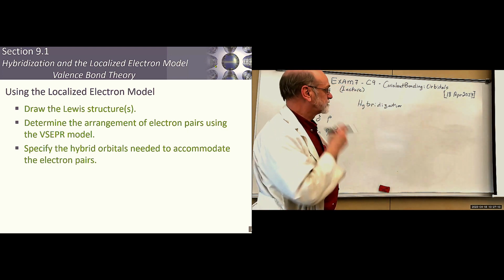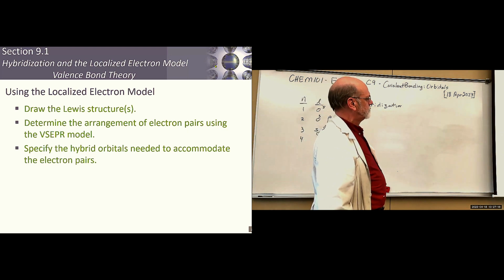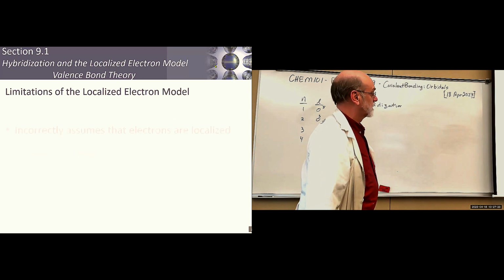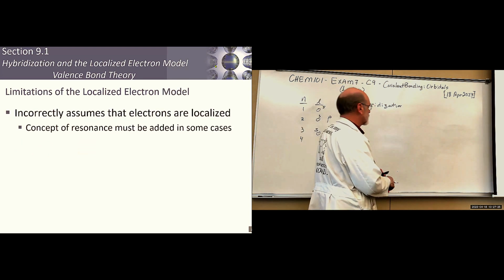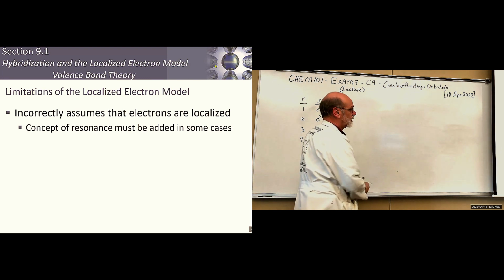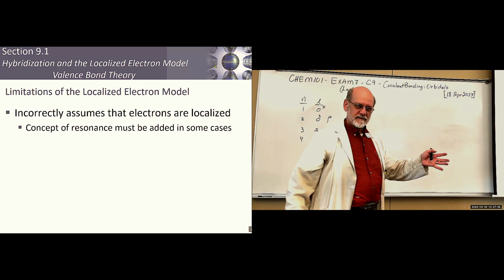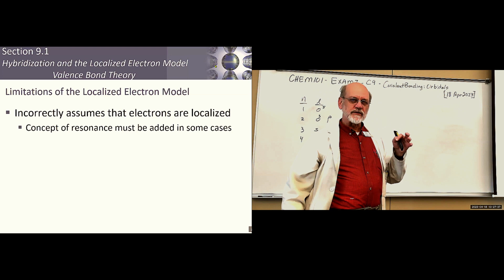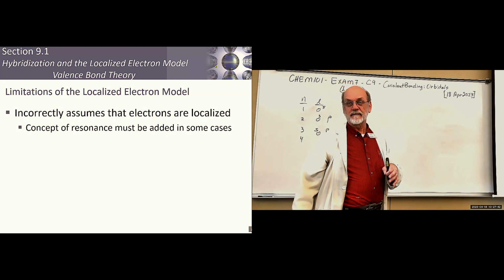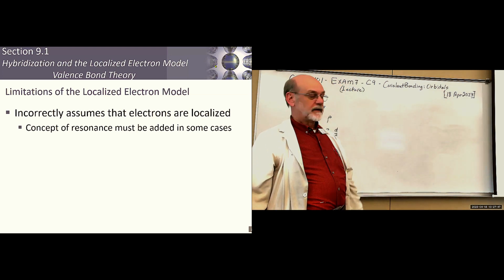All right, you've seen this one before. We don't need to hammer that one anymore. So what are the limitations of a localized electron model? Well, let's see. We've learned since that it incorrectly assumes that all the electrons belong to individual atoms, and they only bond by sharing temporarily in the bond.